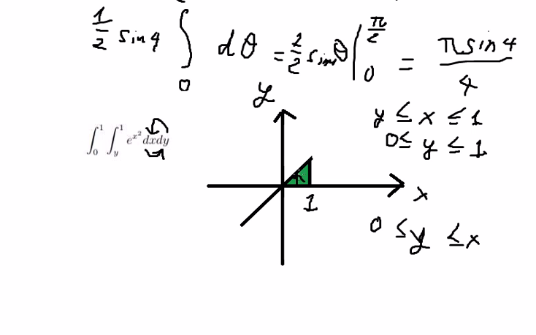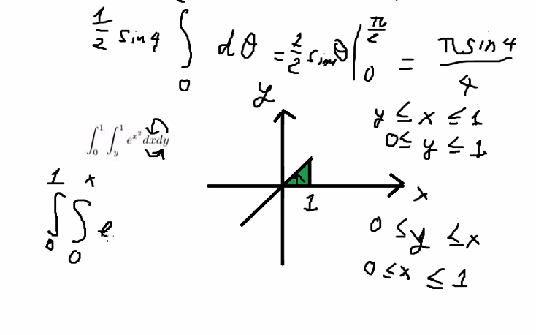Similar for x, they go this way. So you got x greater than or equal to 0 and smaller than or equal to number 1, and we have the interval in here for y. You got 0 and x. For this one you got 0 and 1.